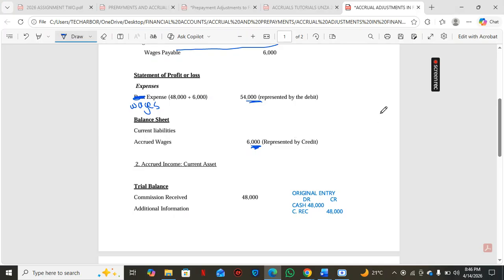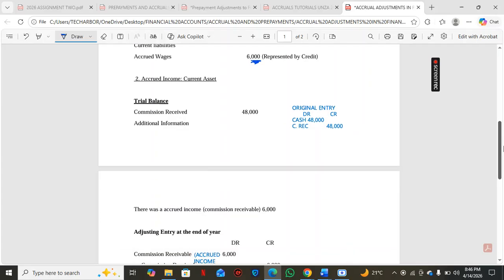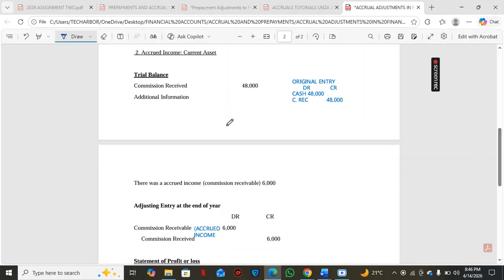So let's say, for example, on your trial balance you have commission received 48,000. Then the additional information tells you there was accrued income, commission receivable of 6,000, meaning you're being owed 6,000 in commission.